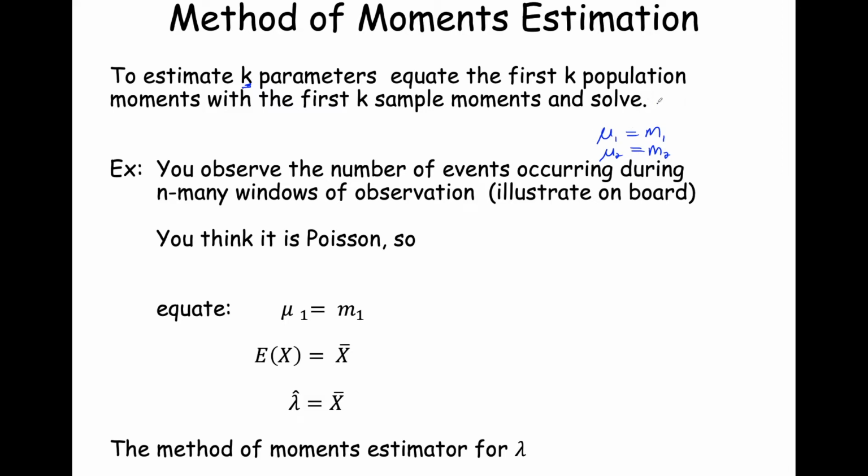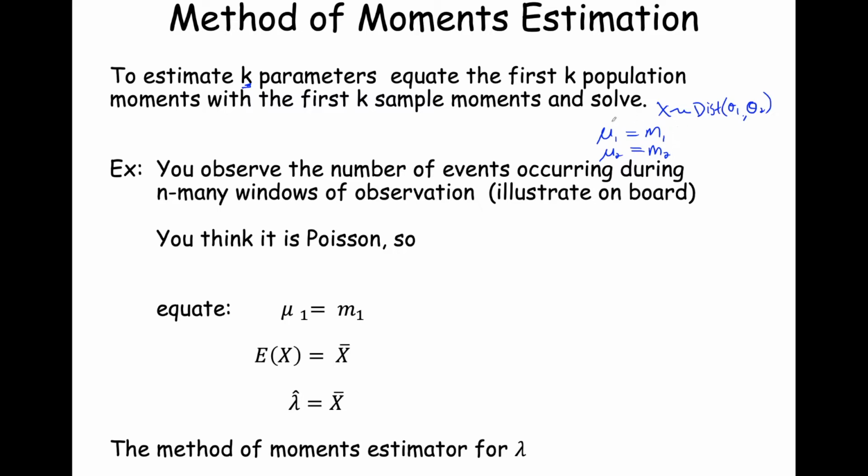Well, if your distribution, x, is distributed as some distribution, and if that distribution has a parameter, let's say theta 1, then you're just going to equate mu1 to m1. If it has two parameters, theta 1 and theta 2, then we're going to equate the first population moment with the first sample moment, and we're also going to equate the second population moment, mu2, with the second sample moment.